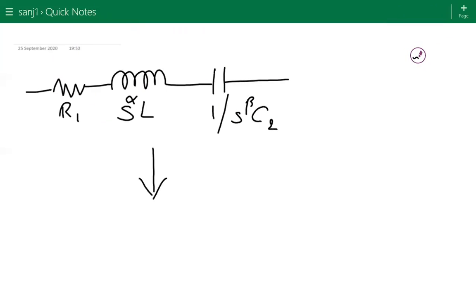This was used to represent a human respiratory system.